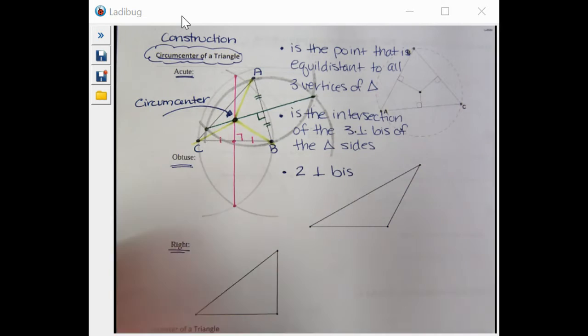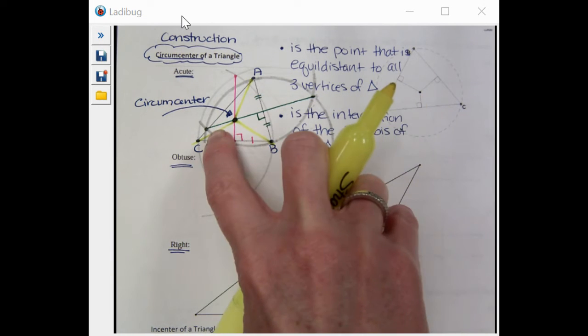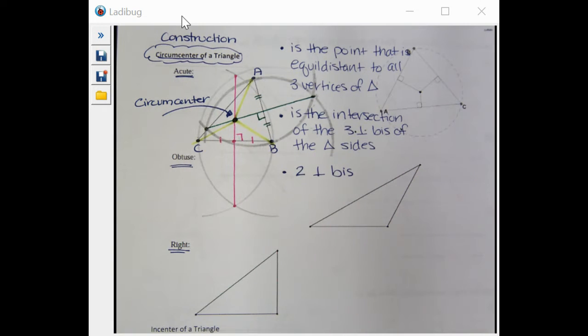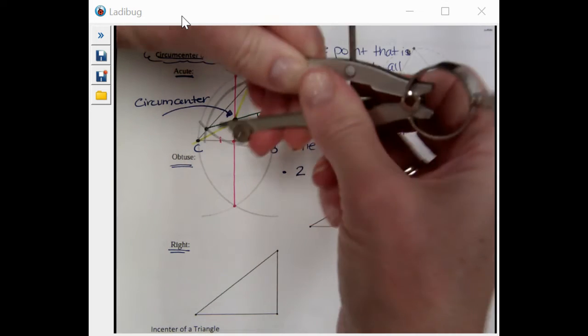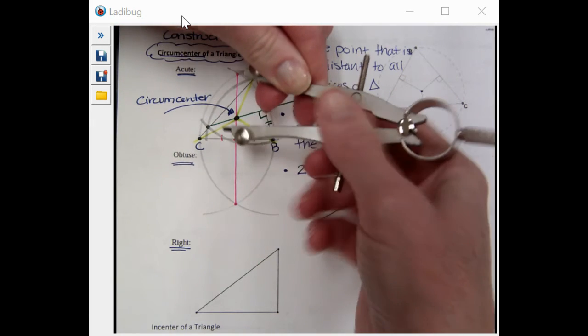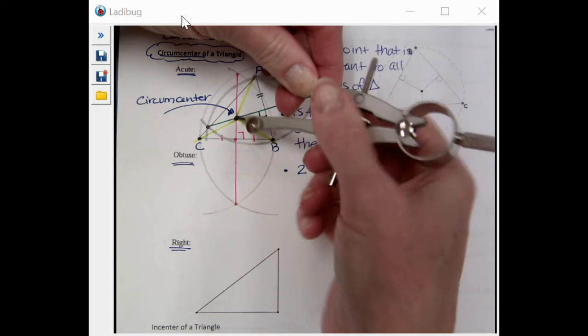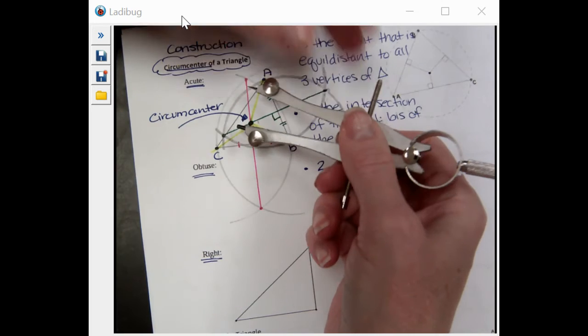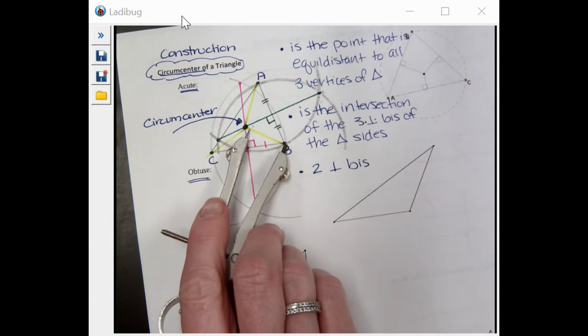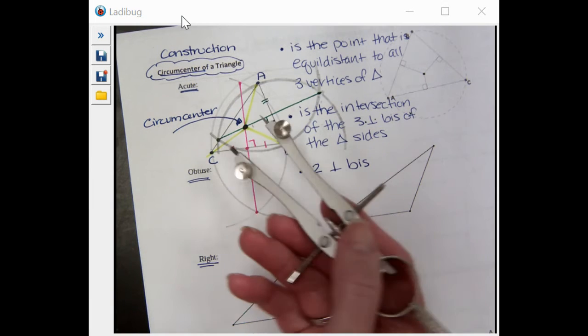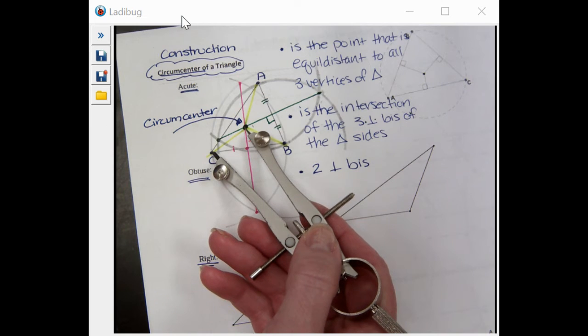As you look at my three yellow highlighted segments, they all do appear to be pretty close in length. They all appear to be about the same size. And if I go check it out with my compass, if I make my compass smaller, I notice that the size of this distance is approximately the same as this distance, which is approximately the same as this distance.